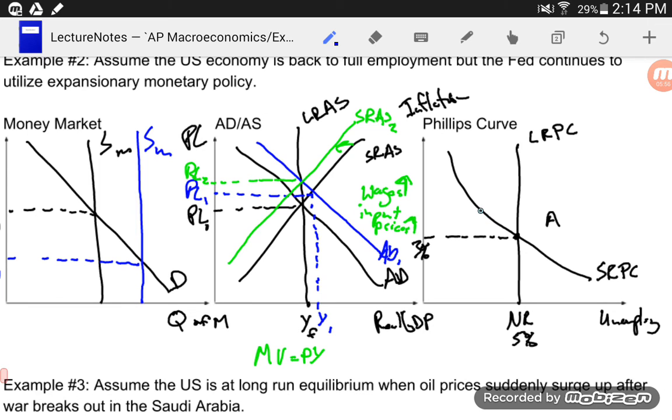In the short run, we would move up to point B, where we've got higher inflation, and we'll say 5% just to give it a number, but we've got less than 5% unemployment, which means we are actually above full employment.